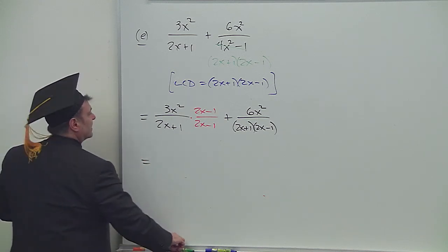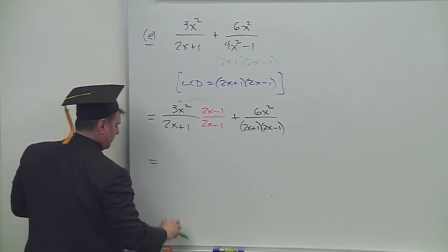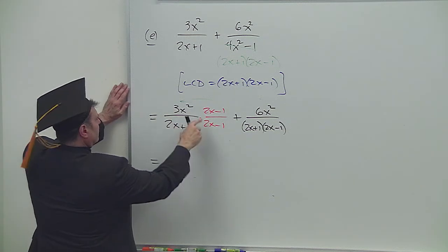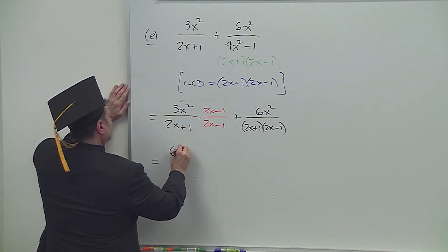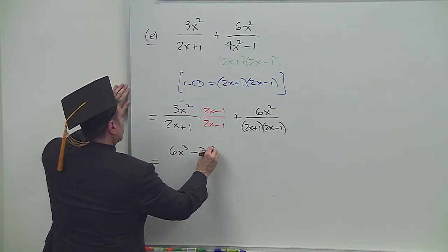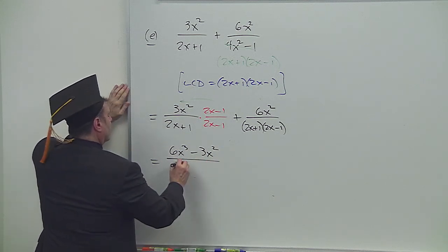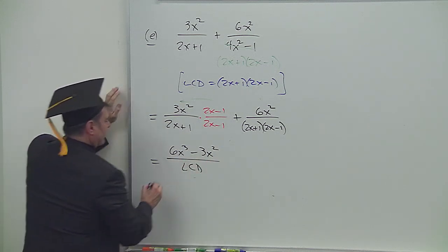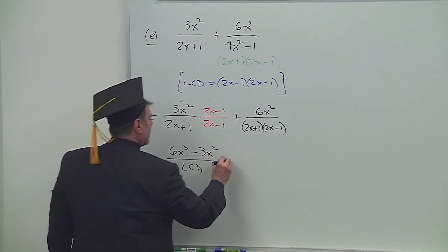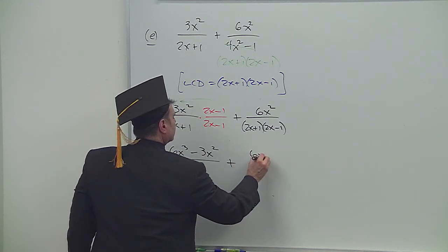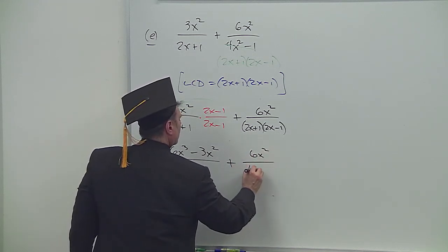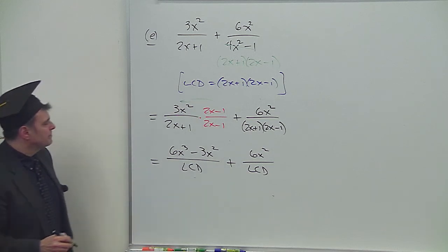We may now proceed. Start by distributing here. And we get, what do we get? We get 6x cubed minus 3x squared over, I'm going to be lazy and just write LCD for now, plus 6x squared over the LCD.